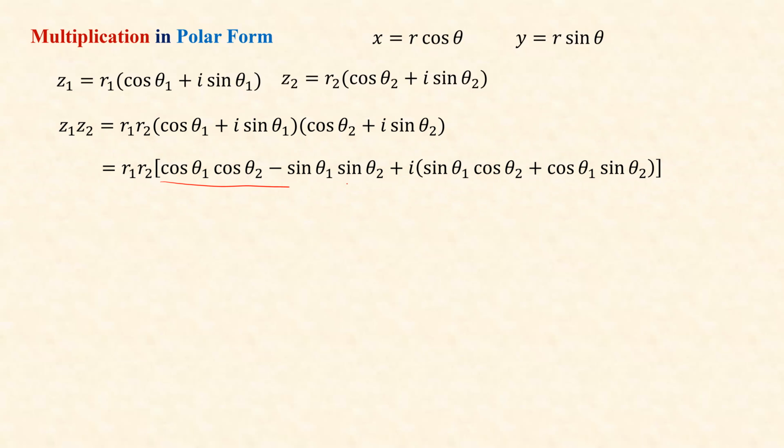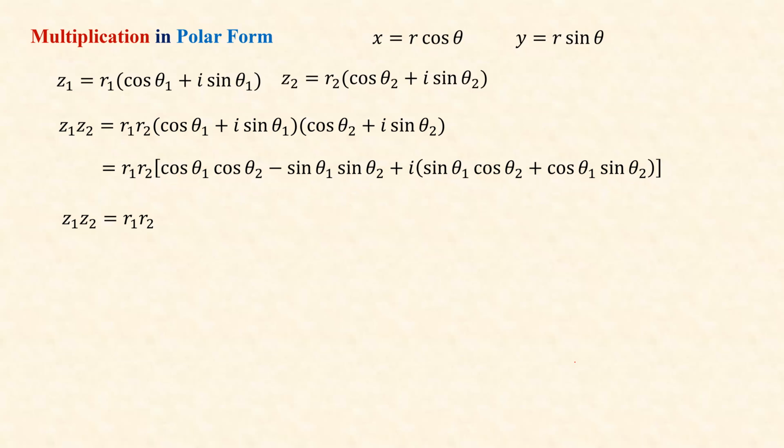Do these expressions sound familiar? Do you remember these from trig? If you remember, this is the formula for cosine of theta 1 plus theta 2, and this is the formula for sine of theta 1 plus theta 2.